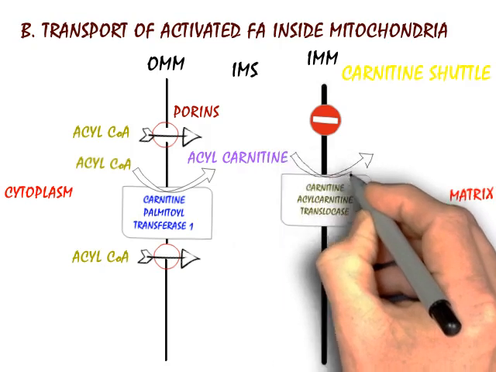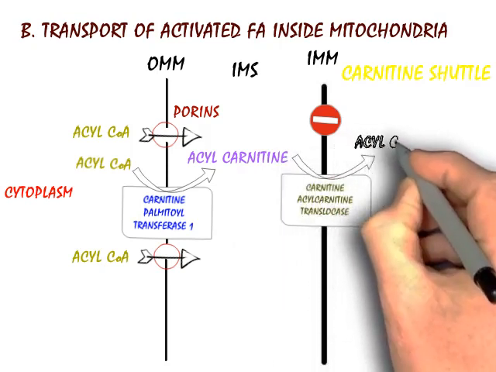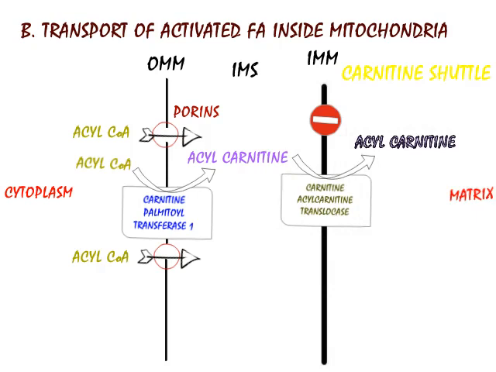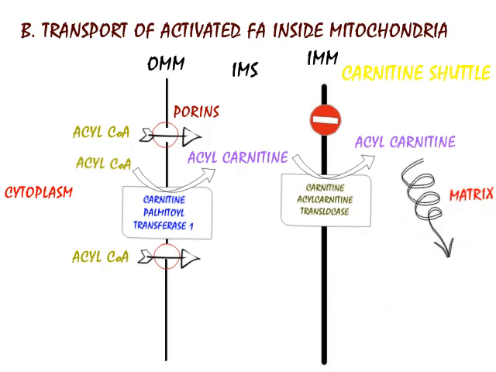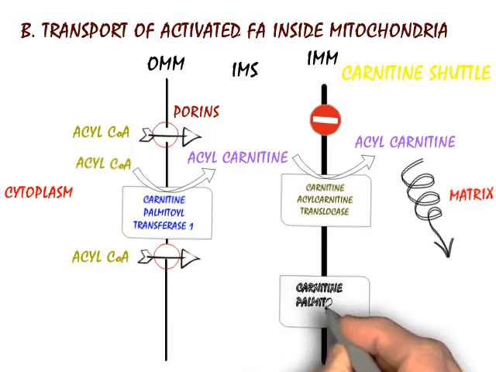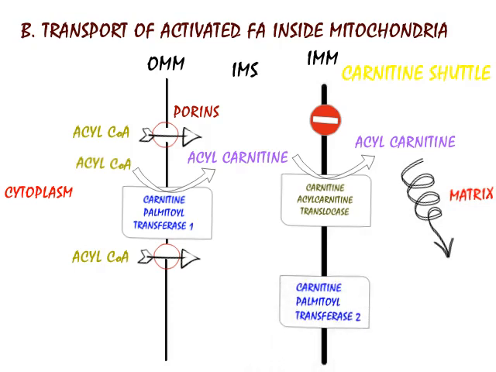Now in the inner mitochondrial matrix, we know that acyl-carnitine cannot be utilized as such, so it needs to be converted into acyl-CoA. For the conversion of acyl-carnitine into acyl-CoA, we have another enzyme, that is carnitine palmitoyl transferase 2.